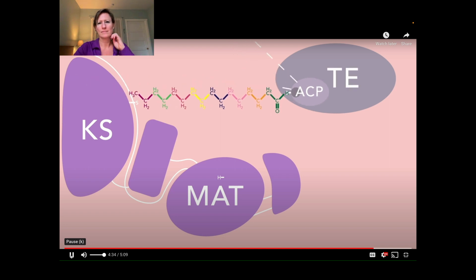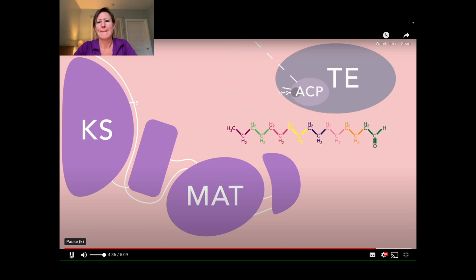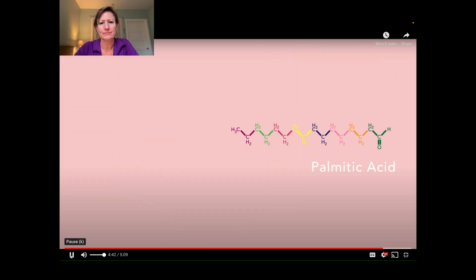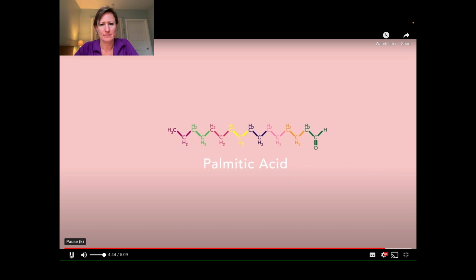Thioesterase cleaves and releases the 16-carbon fatty acid, also known as palmitic acid, from the acyl carrier protein. In this way, multiple enzymes come together to create a long-chain 16-carbon saturated fatty acid from molecules of acetyl-CoA and malonyl-CoA.